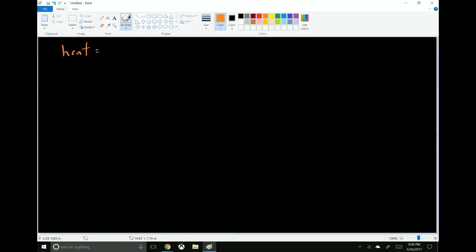Heat is represented by the letter Q, which is kind of a problem because we've already used the letter Q to represent charge. Remember, an electron has a charge of -1, so Q equals -1. A proton has a charge of +1.